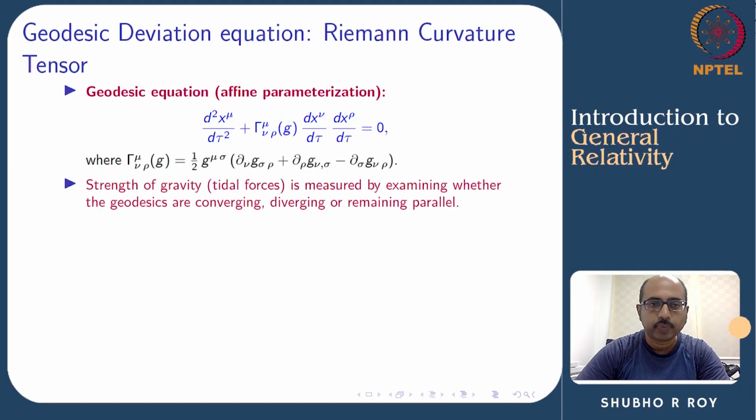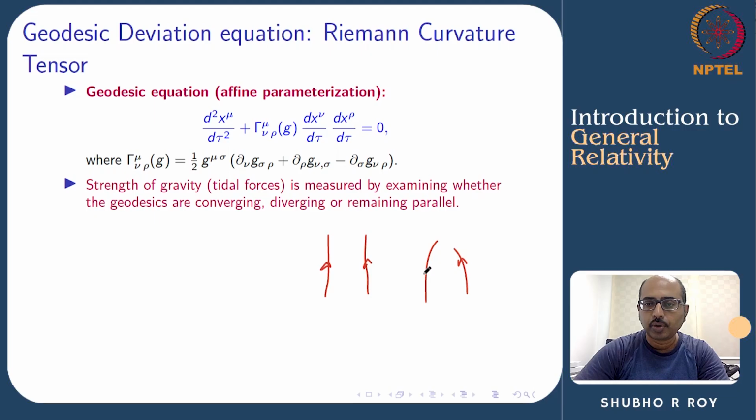Now, the strength of gravity, given by tidal forces, is measured by examining whether geodesics are converging or diverging or remaining parallel. So in particular, if we don't have gravity, we expect geodesics to remain parallel to each other. If there's some gravitational field, then that can cause the particles to converge.